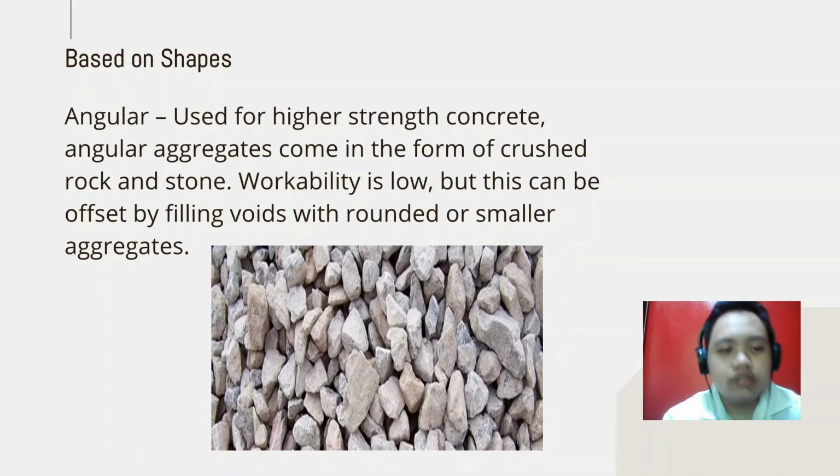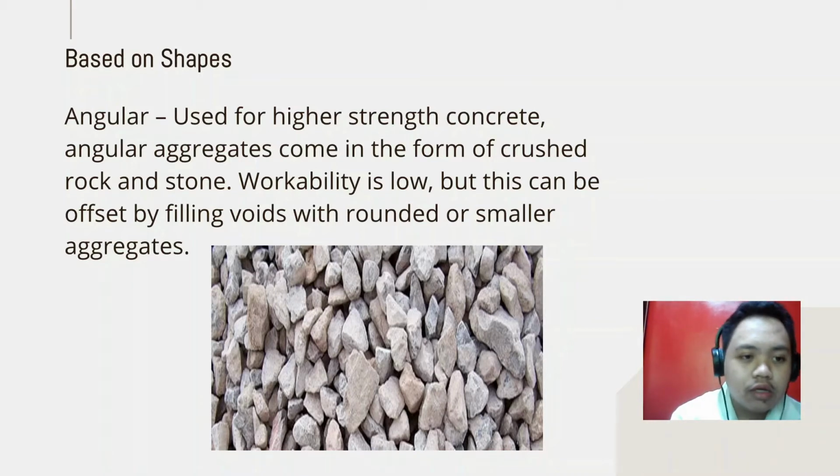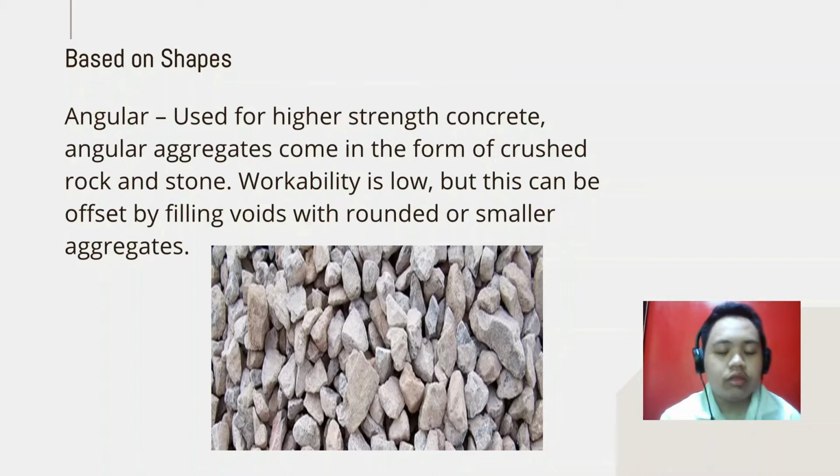Kasi sabi dito is used for higher strength concrete, no? Parang mas bagay siya using for concrete, no? Ito naman hindi siya nanggaling sa weathering, erosion and accretion, unlike the two others, the irregular and the rounded aggregates.